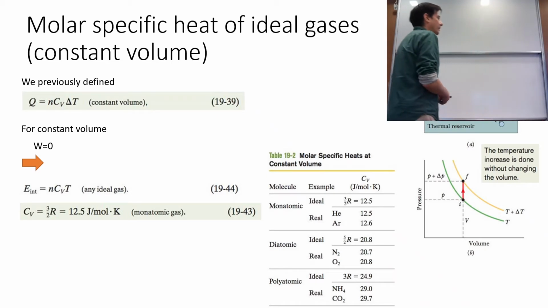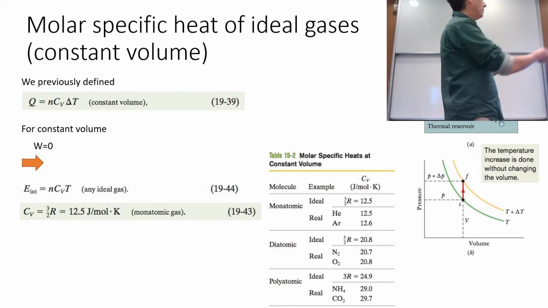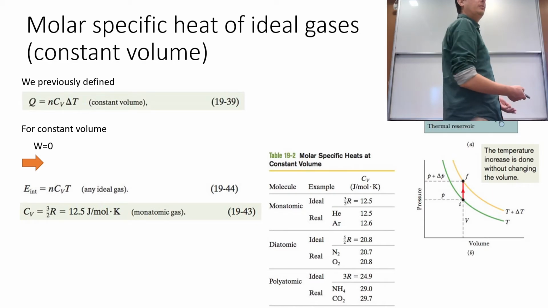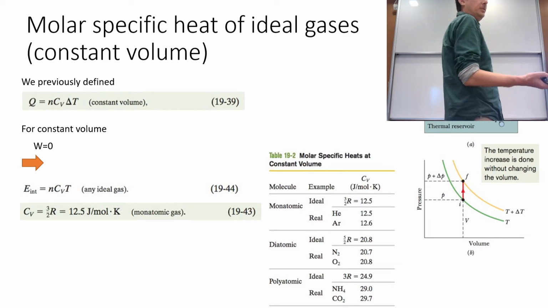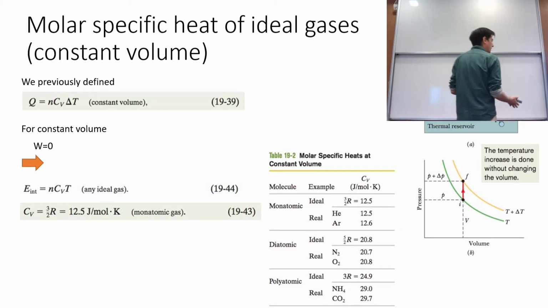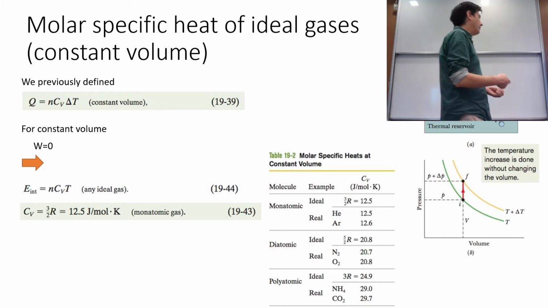But despite that, it agrees with actual things that you can measure in the lab. You take a bunch of helium and measure the specific heat. That's an actual measurable quantity, and it really agrees. So that's quite a triumph of the theory, if you like.